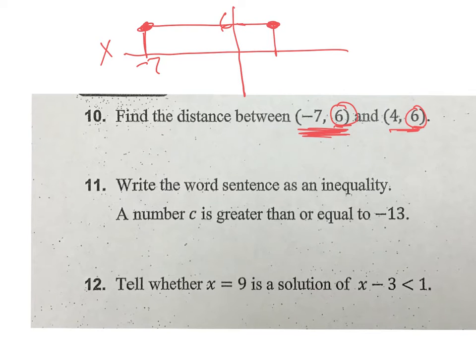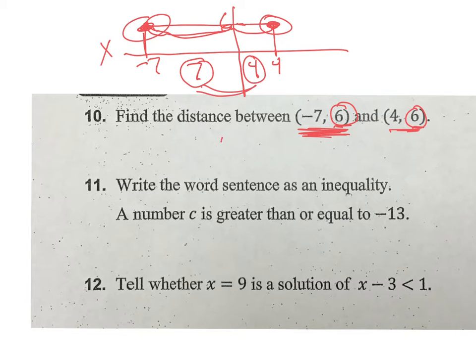So then I just have to get the distance between this dot and this dot. Well, to get from here to 0, that would be 7. And then to get from here to 4 would be 4. So I'm going 4 steps there, 7 steps here. I add those two together, and the distance is 11.